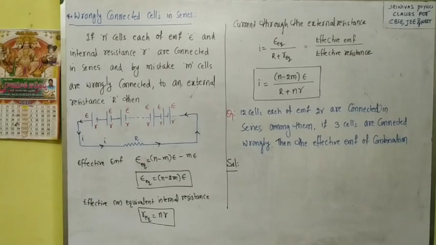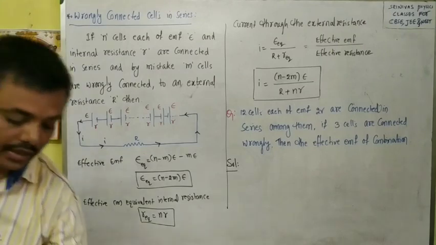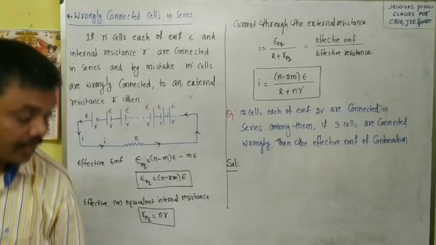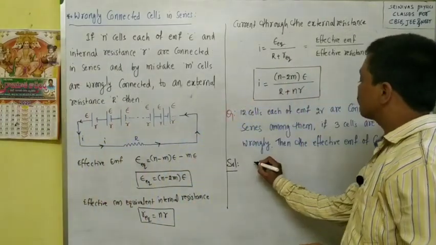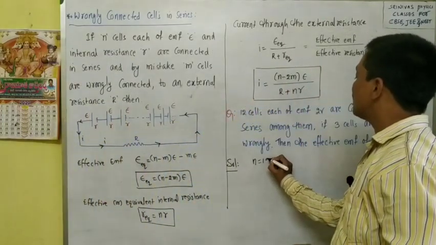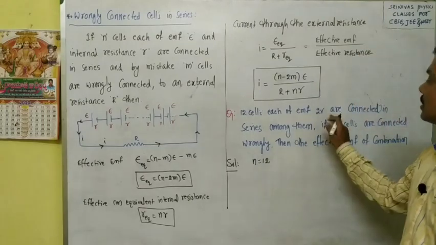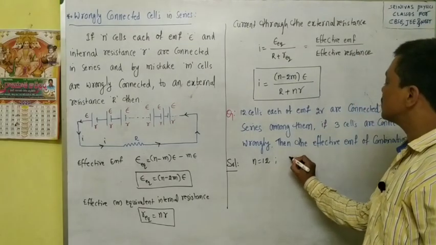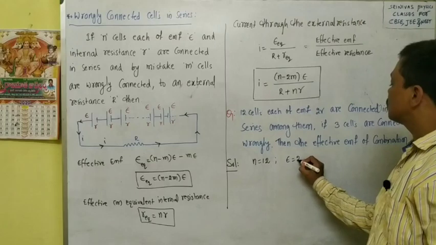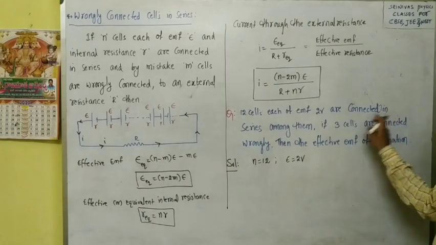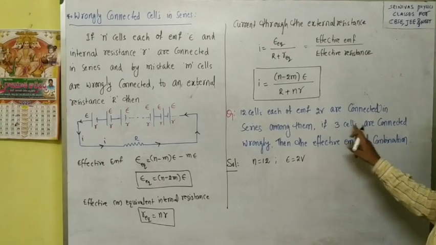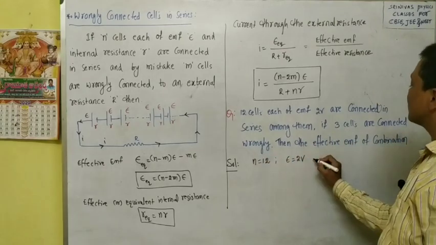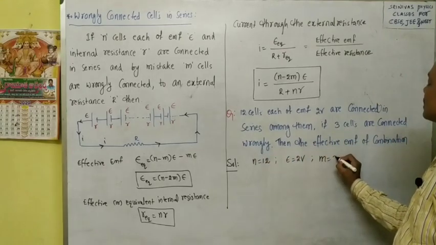There are 12 cells, all identical, each of EMF 2 volts, connected in series. Among the 12 cells, how many are wrongly connected? 3 cells are connected wrongly. That means m value is 3.